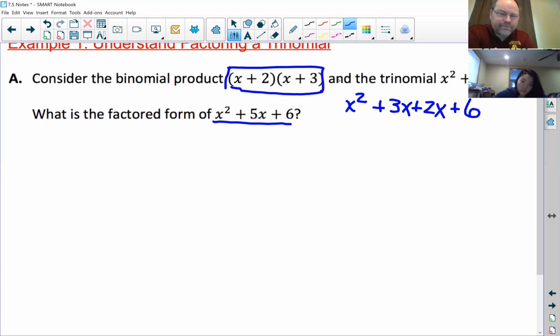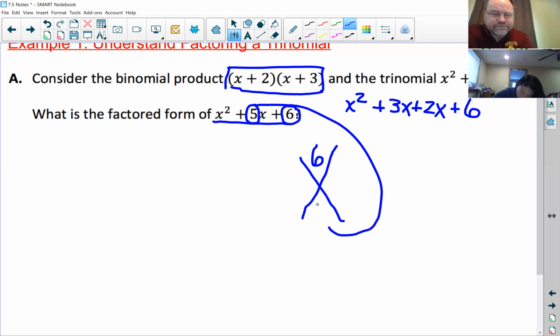So here's where that x puzzle comes in. We want to find two numbers that multiply to that end value and add to that middle value. And I think you can maybe see why looking at the FOIL, right?